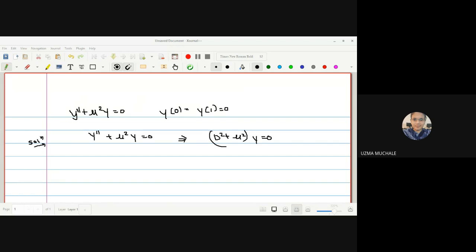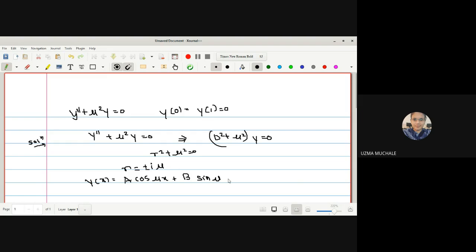Or if you want to write in detail, you can write the auxiliary equation is r square plus mu square is equal to 0. And the roots are r is equal to, what are the roots? Plus or minus i mu. Correct. So y of x is equal to, what is the solution? We can write it in the form of cos and sine, that is A cos mu x plus B sin mu x, or you can write c1, c2.